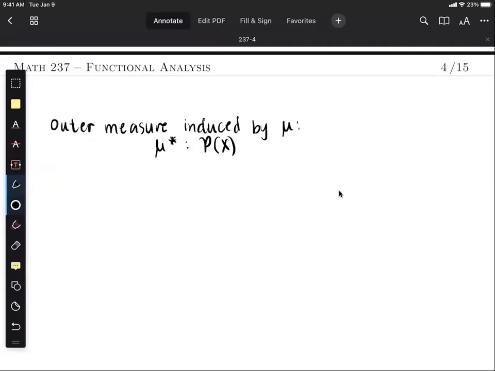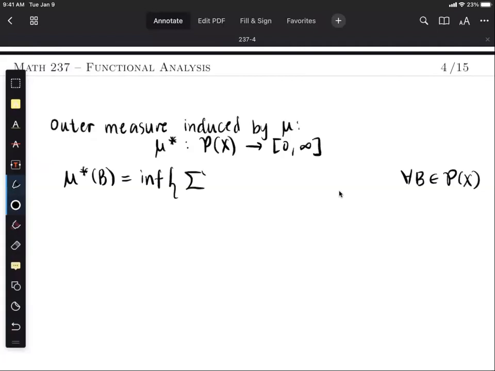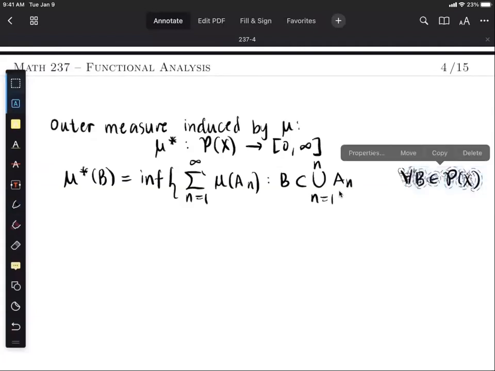Now, the outer measure is defined on all subsets of X. So for any subset B of X, or B in the power set of X, the outer measure of B is defined to be the infimum of the sum of pre-measures covering B. So B is a subset of the countable union of the A sub n's, and the A sub n's are in the algebra.